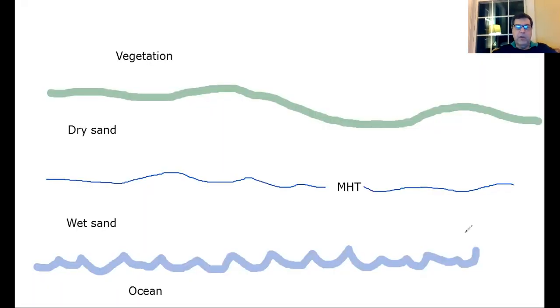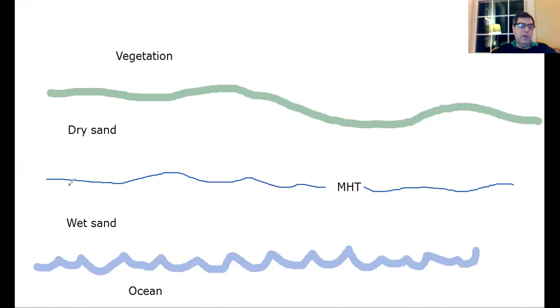Here we go. So in beachfront property, there's a water line. So this is where the water is at any given point. But the water ebbs and flows. Sometimes it comes higher on the beach and sometimes it's lower on the beach. And so there is often a wet sand area. And that wet sand area goes up to what they're calling the mean high tide mark, right?